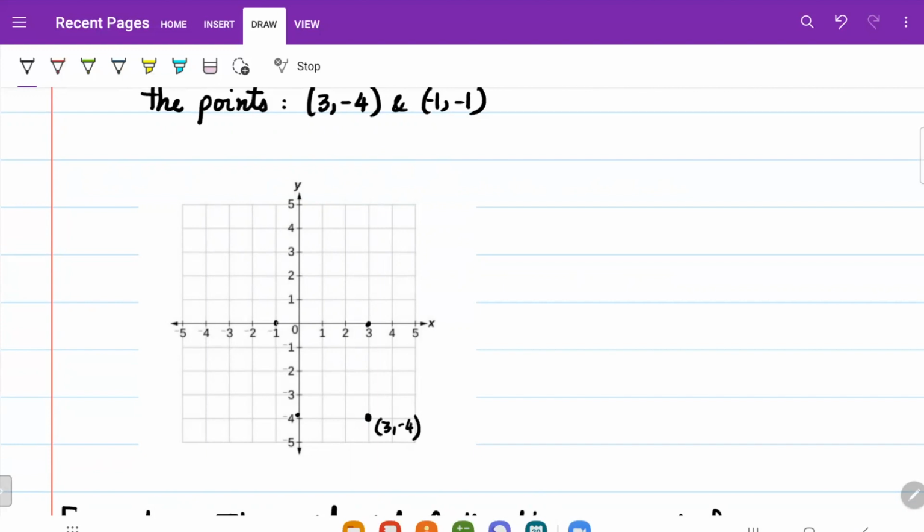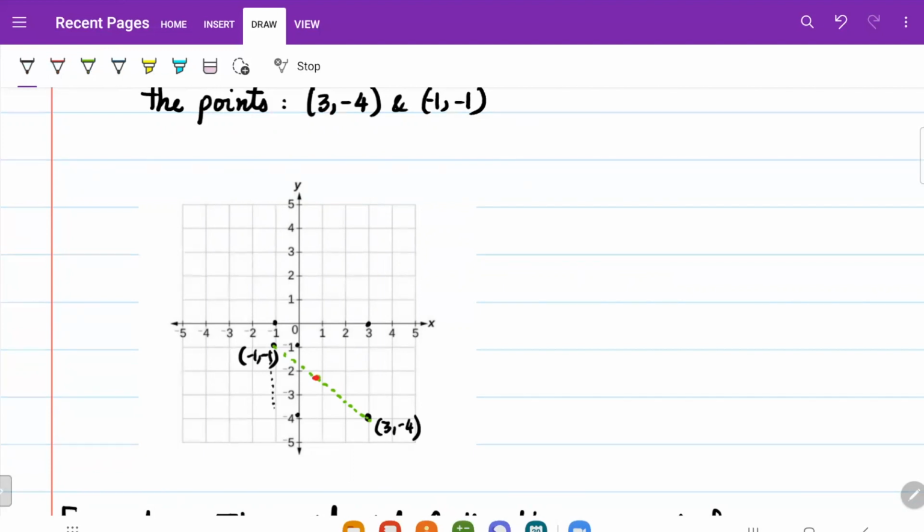So this is minus 1 here, this is minus 1. The intersection falls here, minus 1, minus 1. We want to know the distance between these points and the midpoint would be somewhere here.